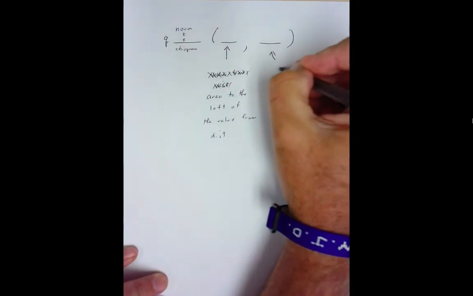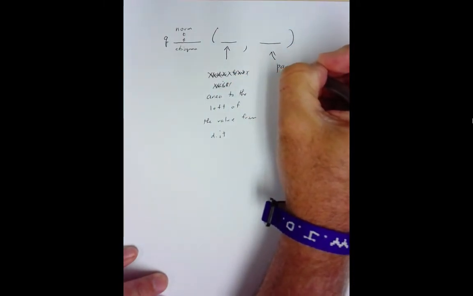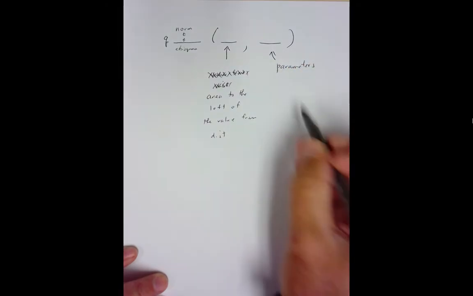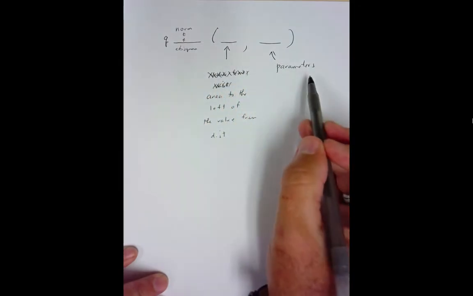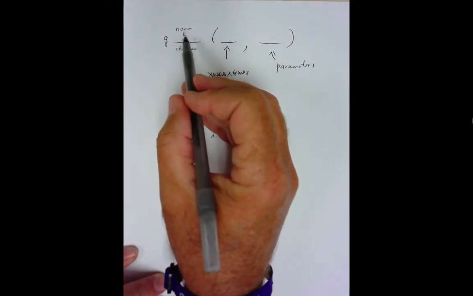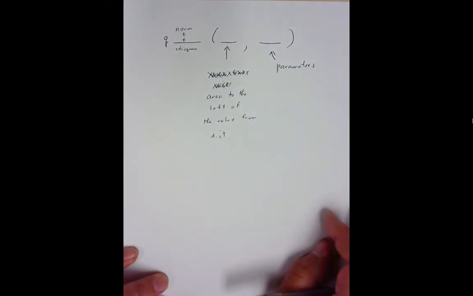What goes out here? The parameters: the mean and the standard deviation if we have the normal distribution, and degrees of freedom if we have the t, F, or chi-square distribution.